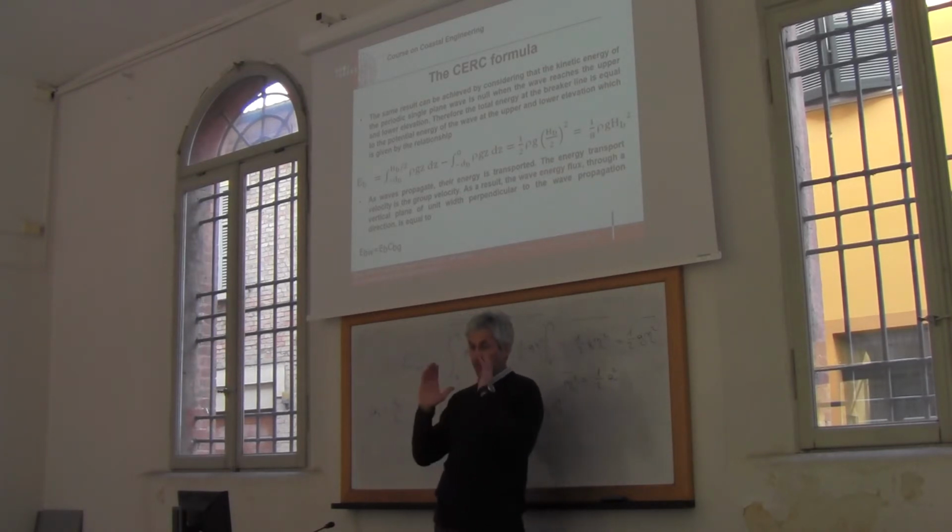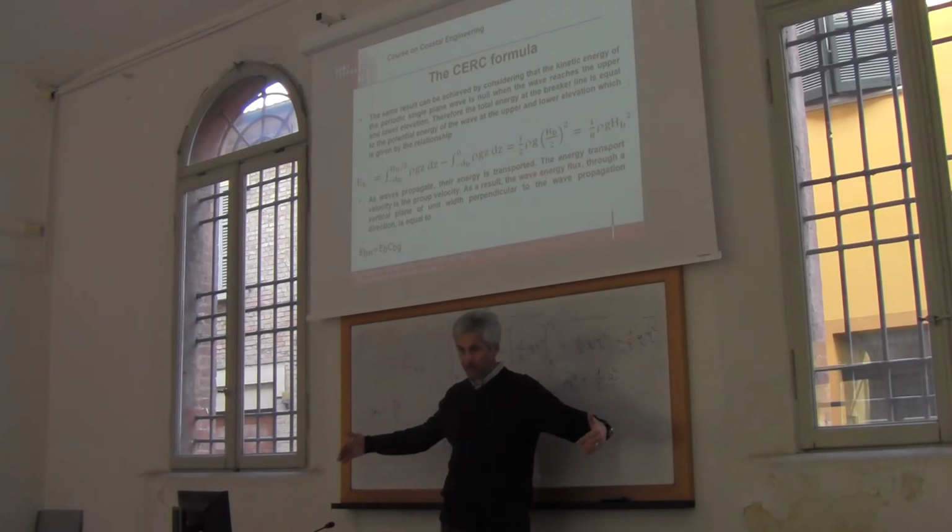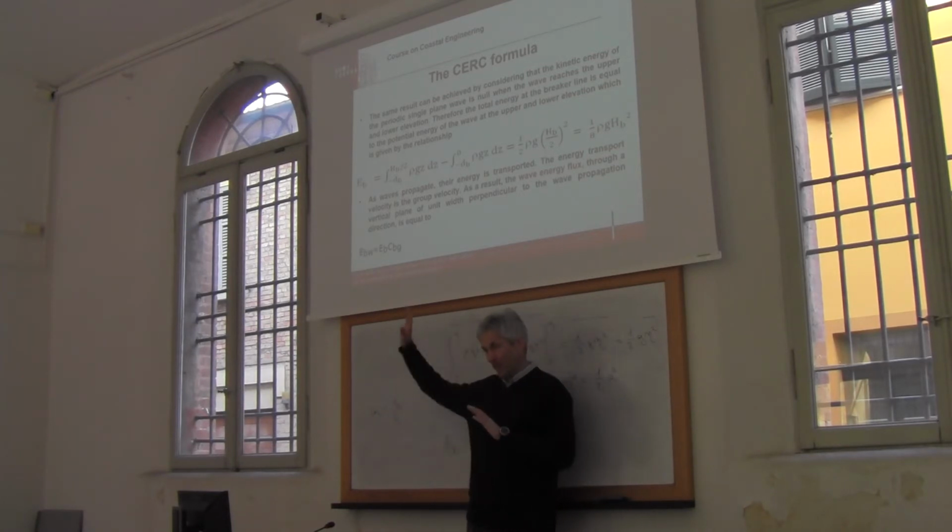So if I know the energy per unit area and put the velocity in, only one spatial dimension remains, which is the unit width. Again, I start from energy per unit area.